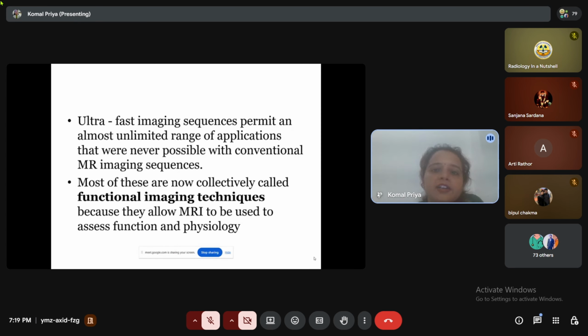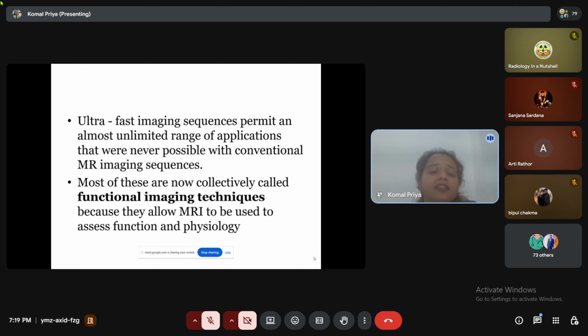Of course, when we talk about functional imaging, the sequences allow an unlimited range of applications. Basically, conventional imaging sequences have a problem that they are slower and take time to be acquired, but functional imaging sequences are ultra fast imaging sequences, and that is why collectively all these ultra fast imaging sequences are known as functional imaging.